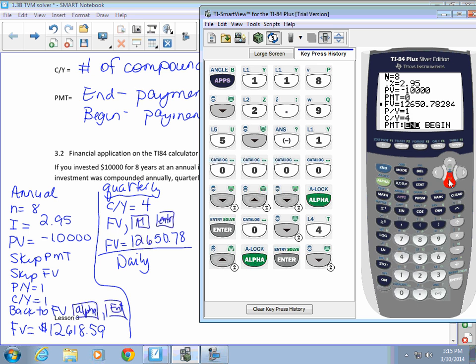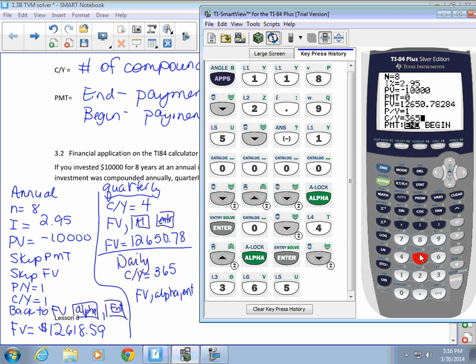So my calculation per year is now gone to 365. So after that, I go to the future value, alpha, and enter. I change that one to 365 because they're doing it daily.